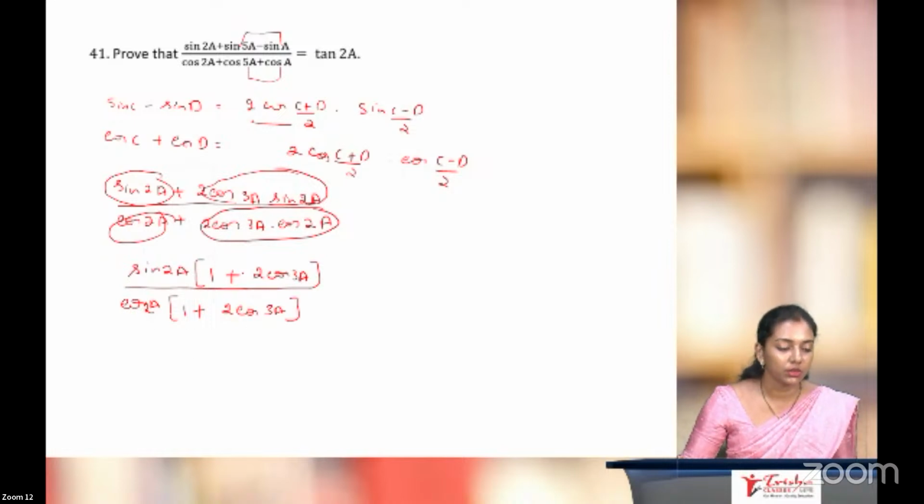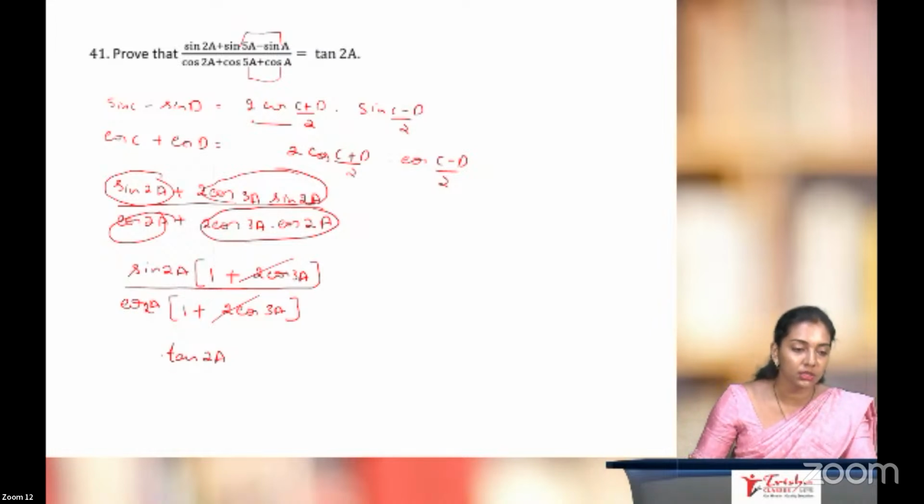Here you have a common term, you can cancel it out. So sin 2a by cos 2a is nothing but tan 2a. So give more importance to the transformation formula problems.